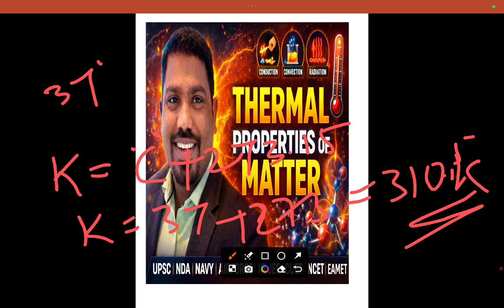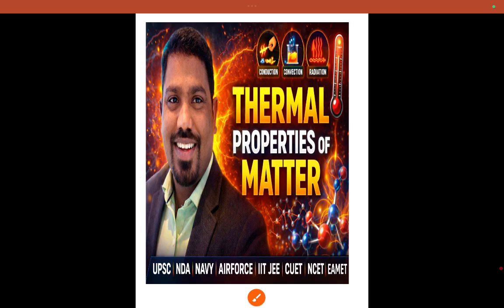Like that we can convert Celsius to Fahrenheit, Fahrenheit to Kelvin, and Kelvin to the Reaumur scale. Like that we convert temperature scales from one form to another.